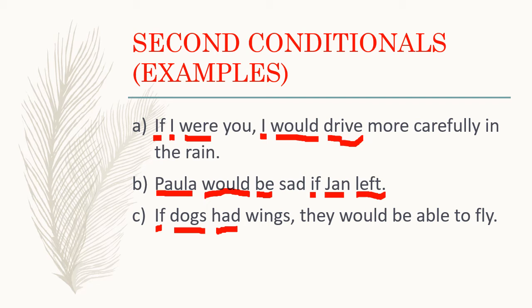Okay? Sa main clause, they would be able to fly. You have subject again, and then you have would or could. In that case, nag-usar siya sang would, and then be, which is a verb in the base form. Okay? So, balik always sa pattern, and then try to remember the use likewise of the second conditionals.